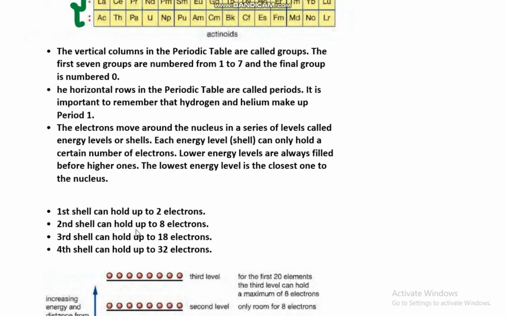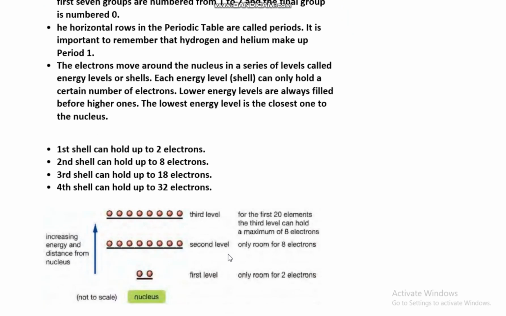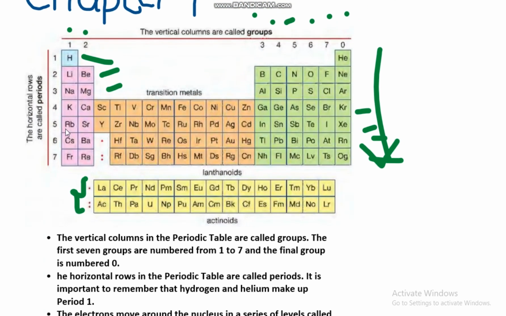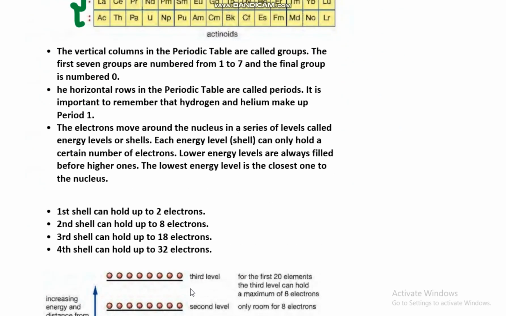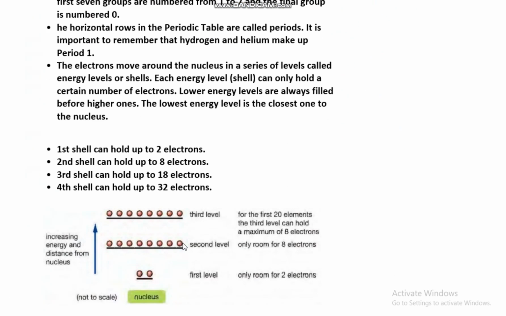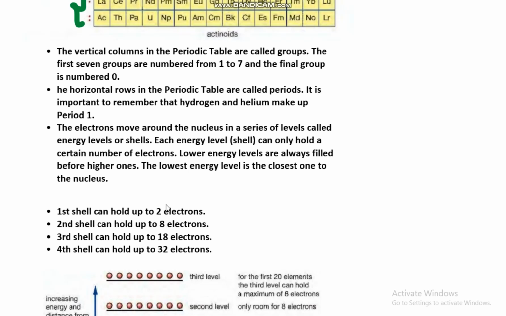Alright, but in our course we write that the third shell can hold 8 electrons because we only have to draw until calcium, not after that. So considering that, we'll say that there is a nucleus and there is an energy shell.